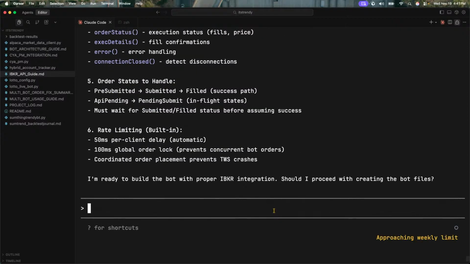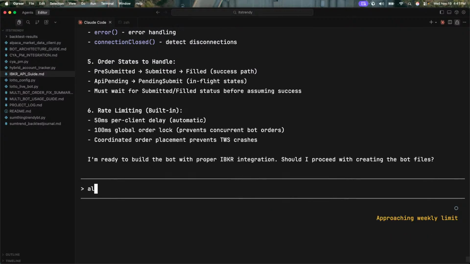Ready to build a bot with proper IBKR integration. Shall I proceed with creating the bot files? All right. Let's get this in. And make sure to call the bot something trendy.